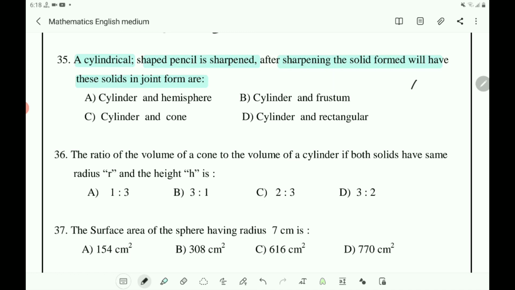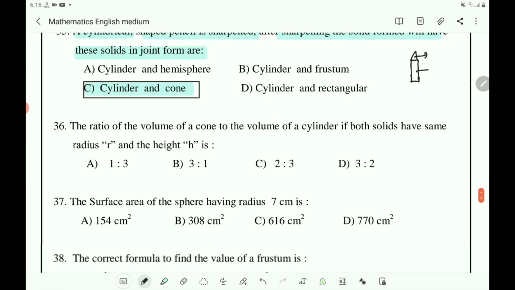So here you will get the sharpened part is like this way, and the remaining part will be like this way. In this way you get cone and cylinder. Therefore, what is the answer here? Cylinder and cone. The sharpened pencil is in the form of the combination of solids, cylinder and cone.